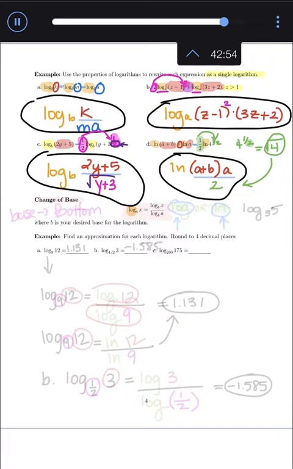Generally speaking, though, we want to rewrite logs as a log base 10, which means an LOG, or a log base E, meaning a natural log, an LN. The reason is we like the log base 10 and the natural log because those two have buttons on our calculator.